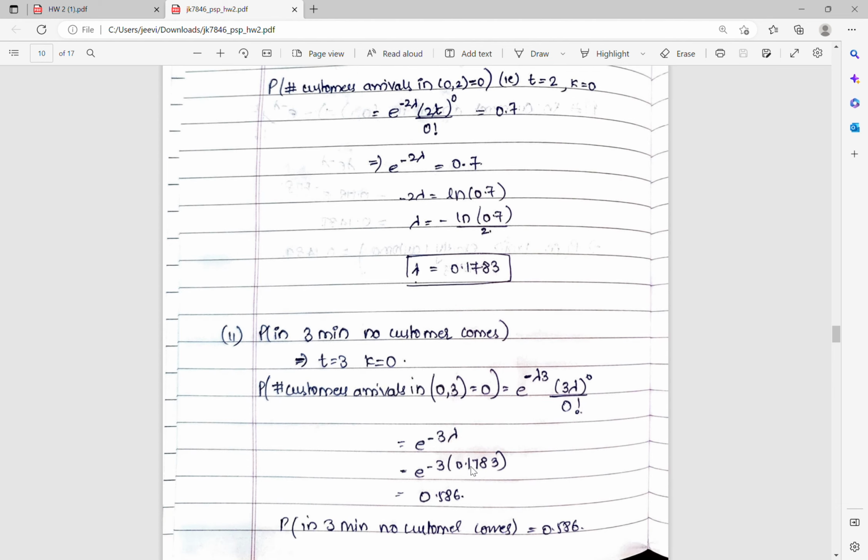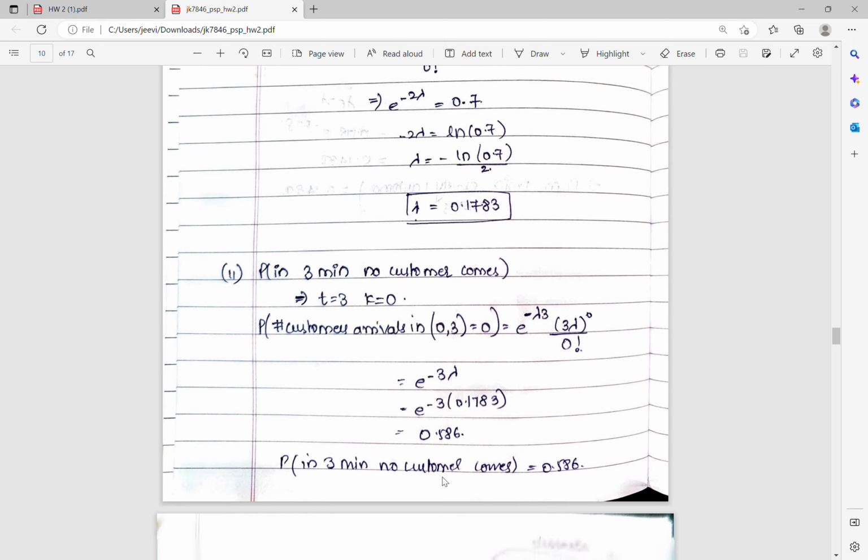Now lambda is 0.178 from the first part. When we substitute that, we get 0.586. Therefore, the probability that in 3 minutes no customer comes is 0.586.